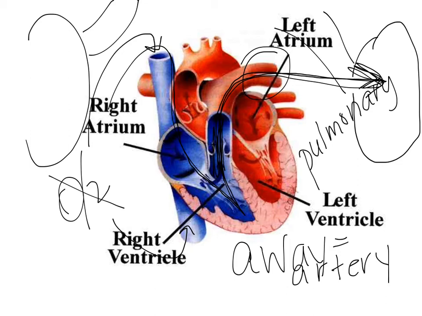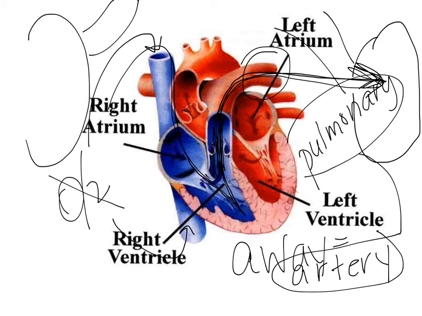So this would be the pulmonary artery that moves blood away from the heart. It is the only artery that pumps oxygen-poor blood. Remember, all arteries carry oxygen-rich blood, which is red, except the pulmonary artery because it hasn't picked up that oxygen yet.